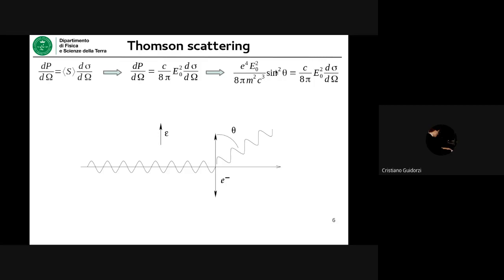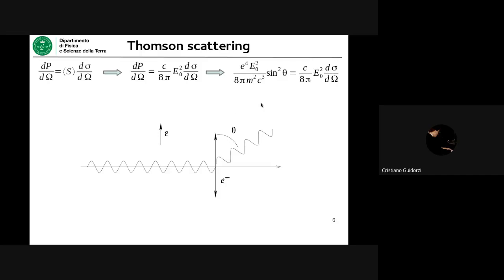Again, this angular dependence is very important, as we already knew from the very first time we learned Larmor's formula. So I'm exploiting both the knowledge of this term as well as of the Poynting flux, and the only unknown I'm left with is the differential cross-section.